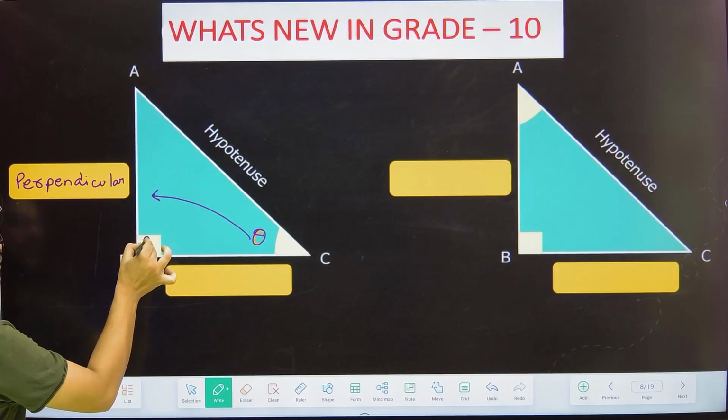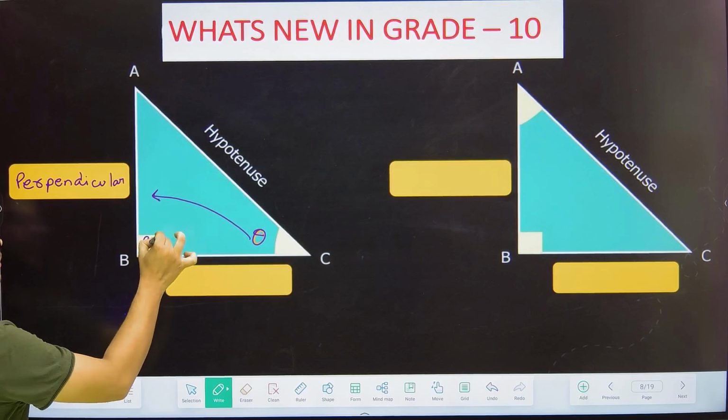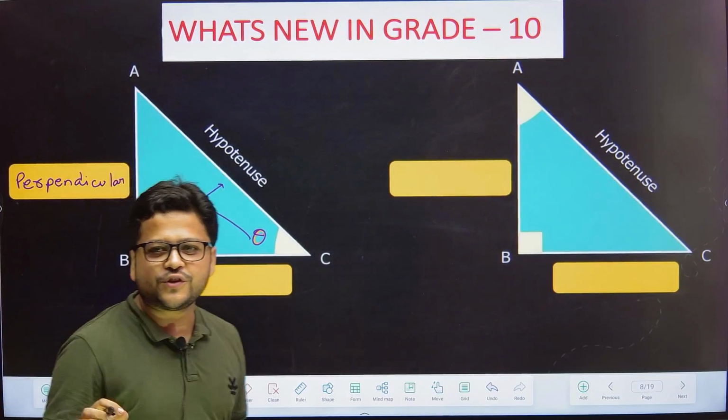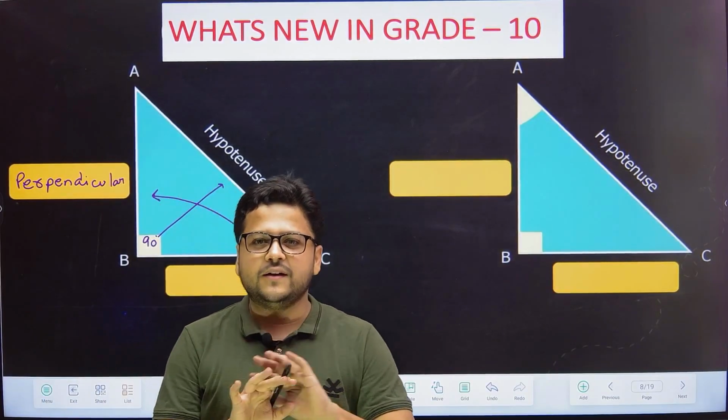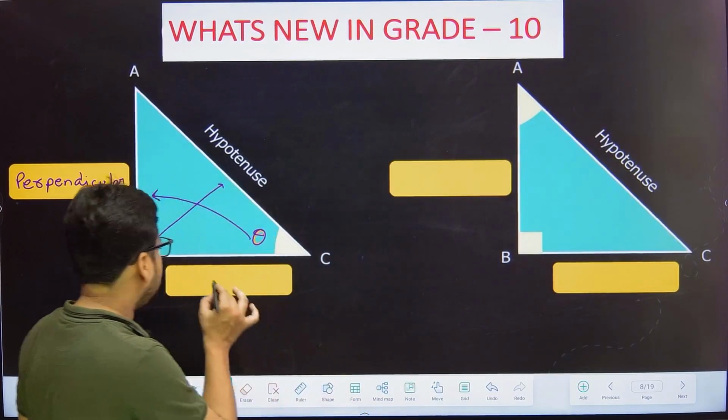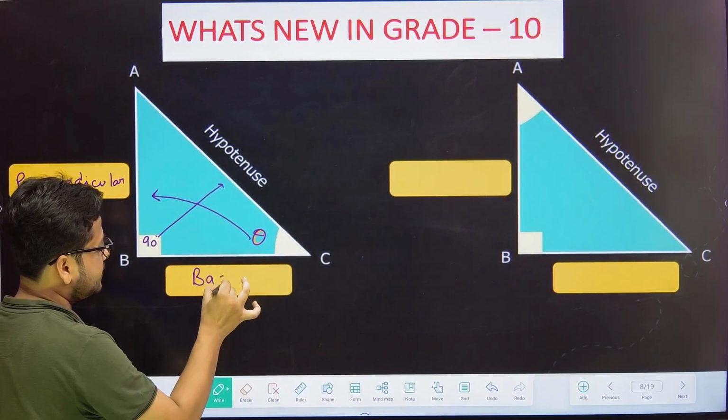And you know very well, side opposite to 90 degrees is always hypotenuse and it will never change. So, the remaining side will be base.